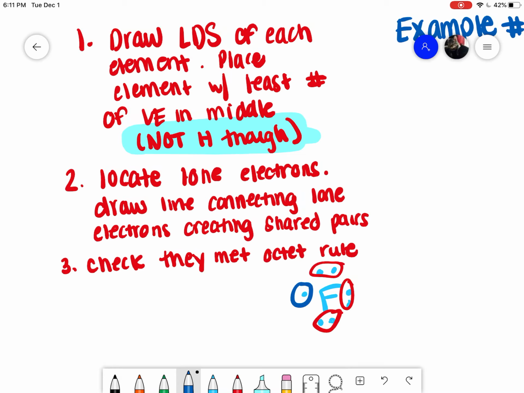And our lone electrons will be used in covalent bonding, and they're going to create a shared pair. And what that means is there is going to be a pair of electrons shared between two elements. So after we draw the line connecting those lone electrons to create those shared pairs, we need to check to make sure all of our atoms, elements, Lewis structures have met the octet rule. So they all want to have 8 valence electrons.